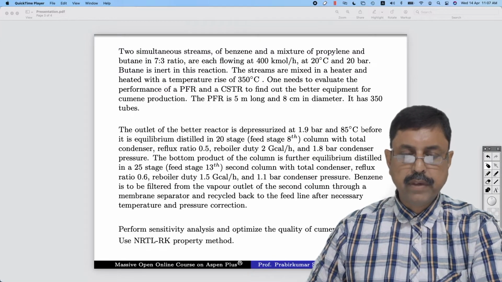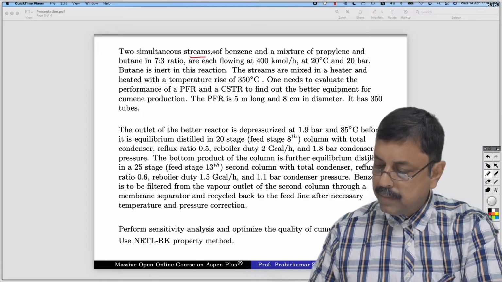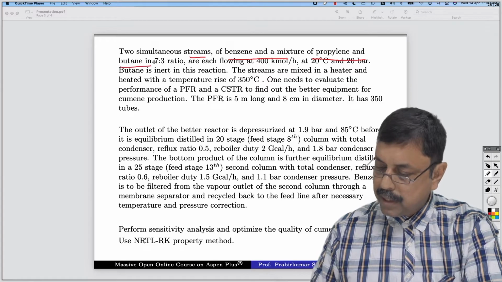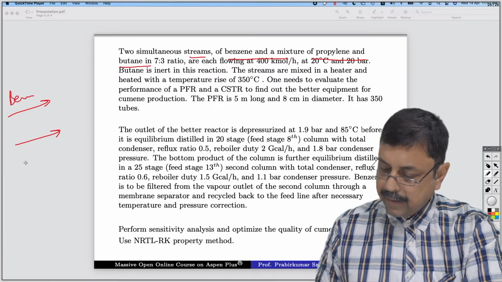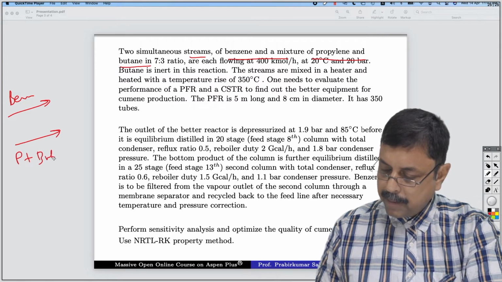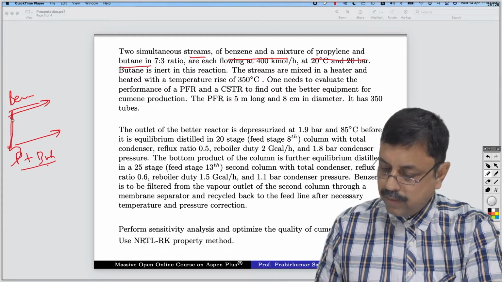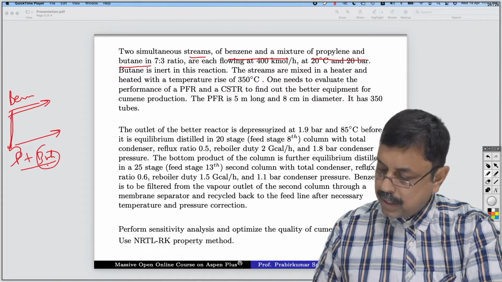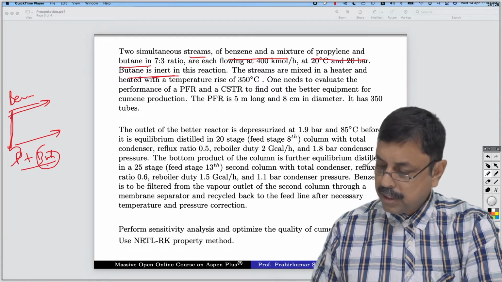Some more information we have about the process. We have two simultaneous streams of benzene and a mixture of propylene and butane. So we have one stream of benzene and another stream of propylene and butane. Benzene and propylene react with each other, but butane is inert in this reaction.